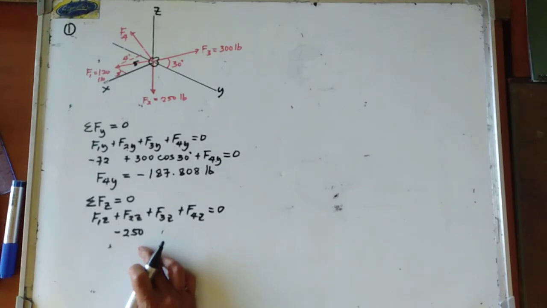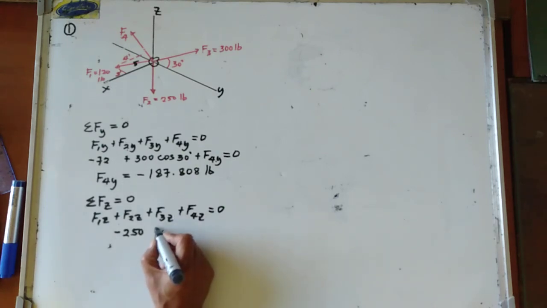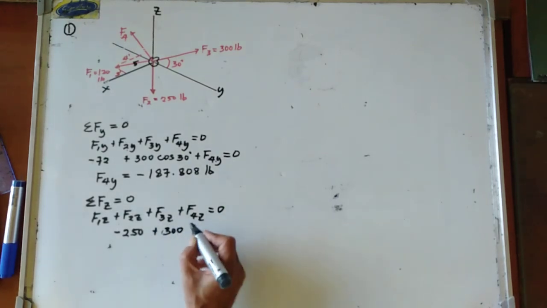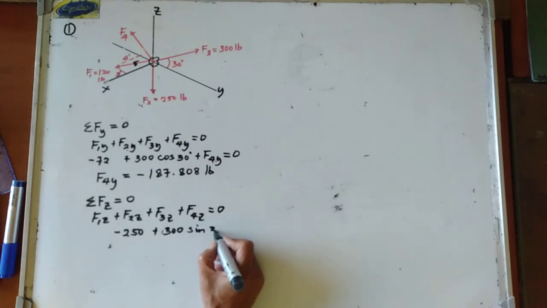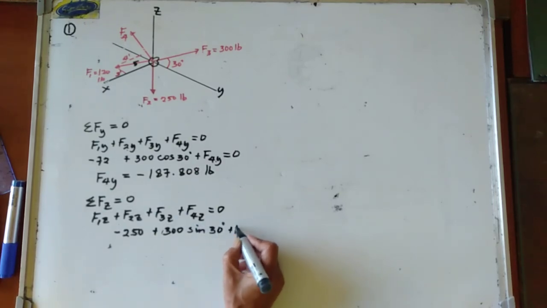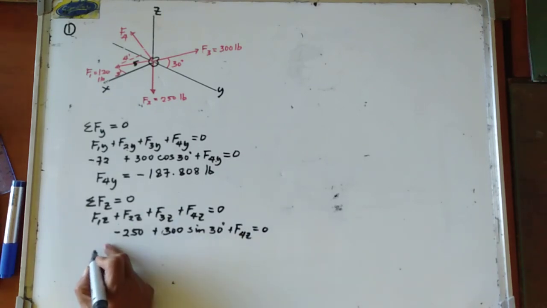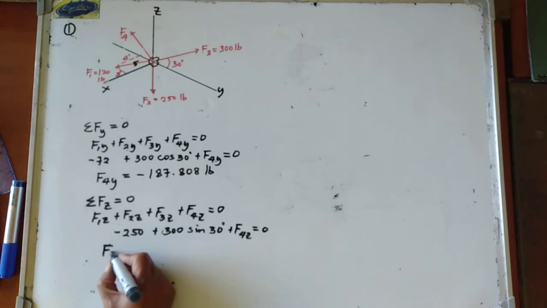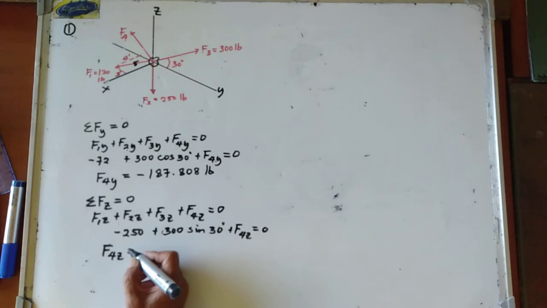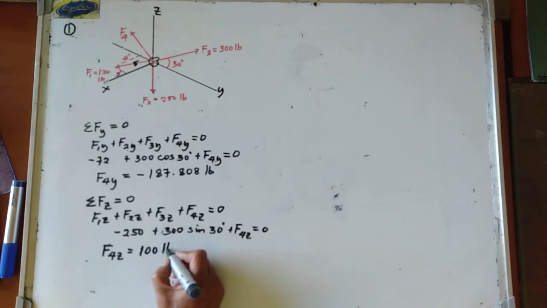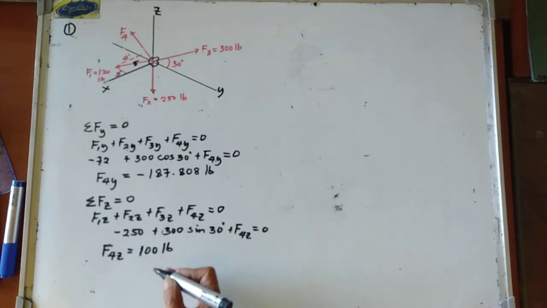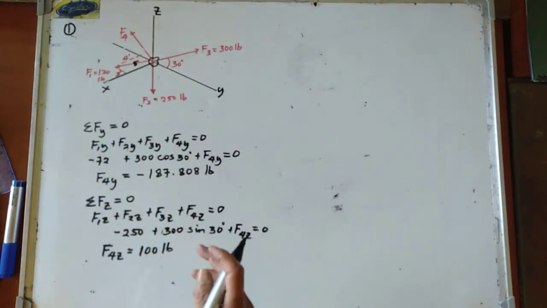Your F3z is equal to 300 sine of 30 degrees, plus F4z is equal to 0. Hence, the value of F4z is equal to 100 pounds. So this is positive, therefore it goes upward.